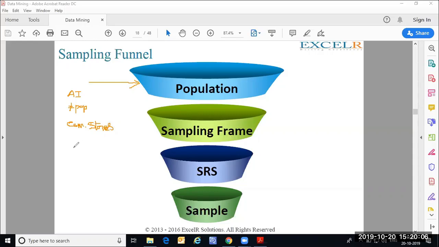And what else might influence the decision? Yeah, the age group and the gender. Yeah, that also matters, right? Age, gender, based on the business problem that we are solving.